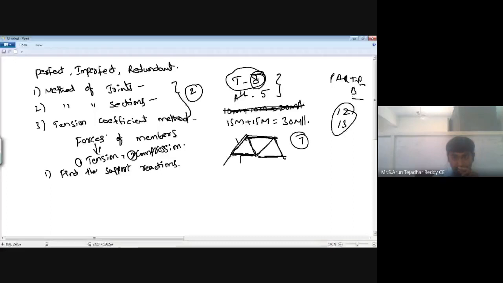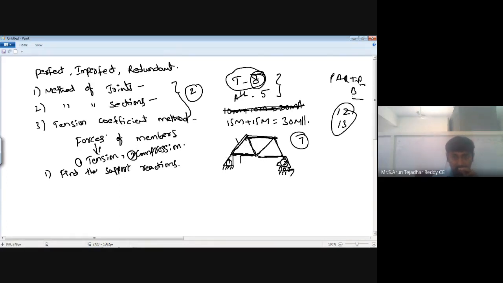Here one is a hinge support and one is a roller support. If you observe this truss, only two supports are there, the first support and the second support. In the remaining part there are no supports. So we need to calculate the support reactions of the left side as well as the right side.